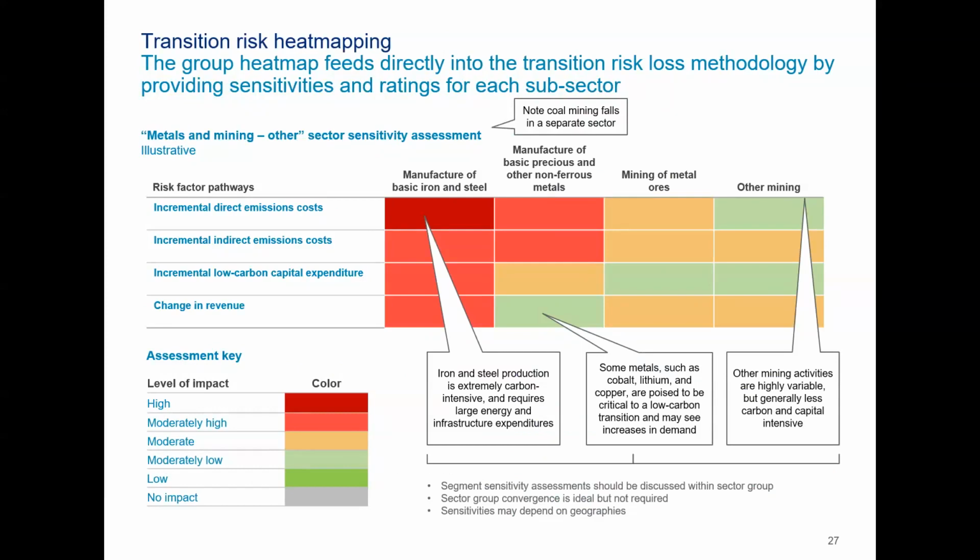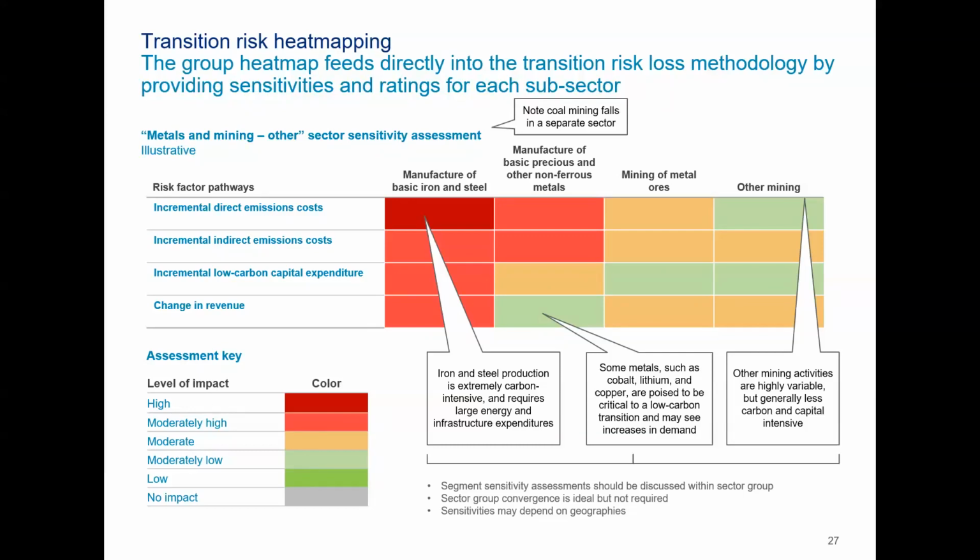And so as a group, we were able to get together and talk in our working groups about the different behaviors experienced by each segment and their sensitivities to these risk drivers. And here you have an example of what the metals and mining sector would conceivably look like. This is just illustrative, but these were the types of conversations that we were having in order to ultimately produce the heat map that we have produced that will then be released as one of our transition risk outputs.